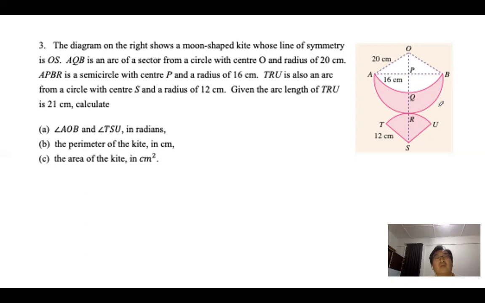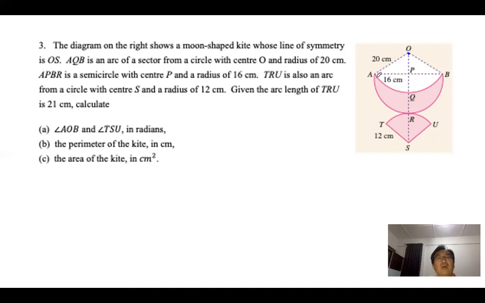The diagram on the right shows a moon-shaped kite whose line of symmetry is OS, and AQB is the arc of a sector from a circle with center O. This is an arc, the center is O, and the radius is 20 centimeter.